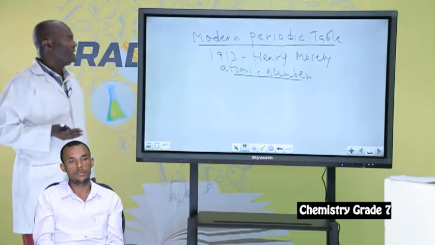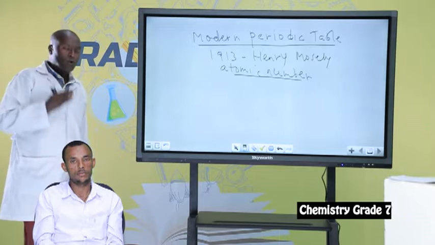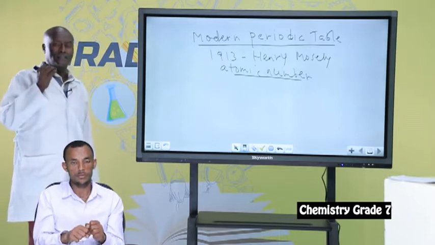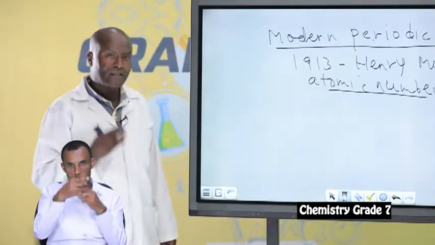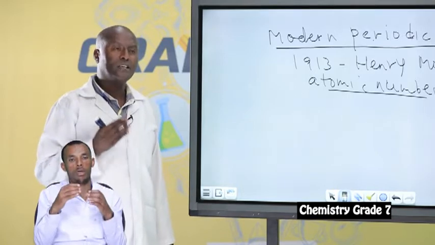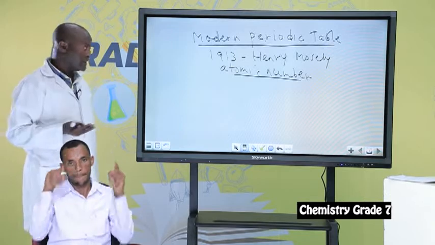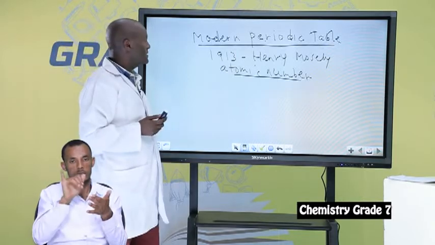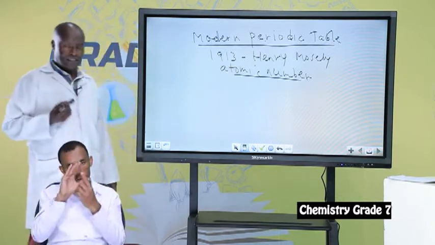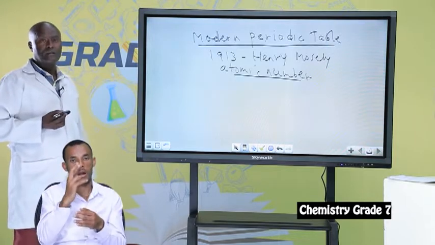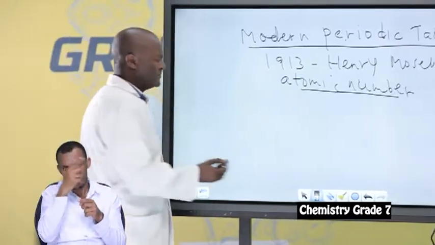The modern periodic law states that the properties of elements are a periodic function of their atomic number. Next, we will discuss the structure of the modern periodic table.